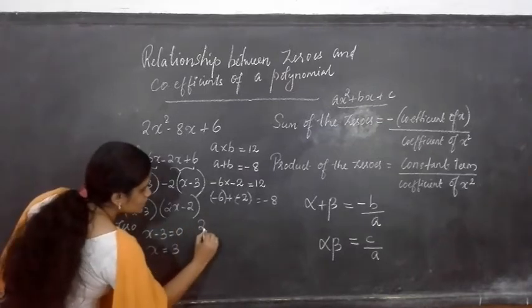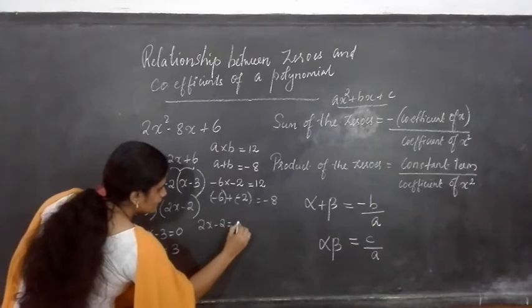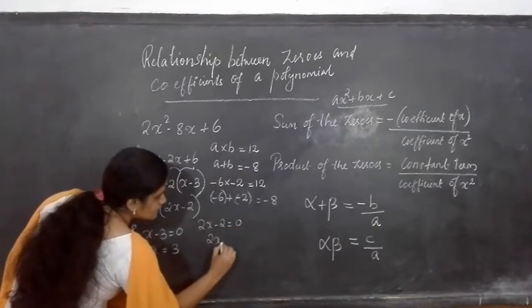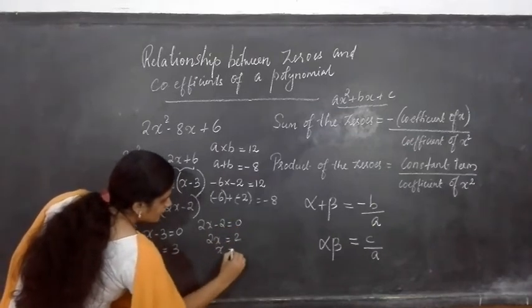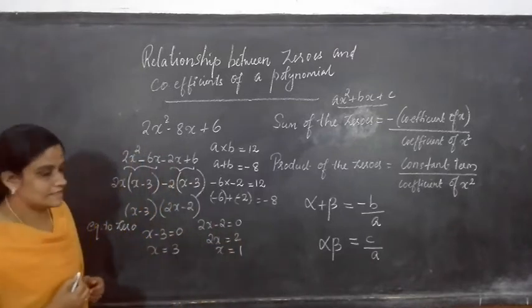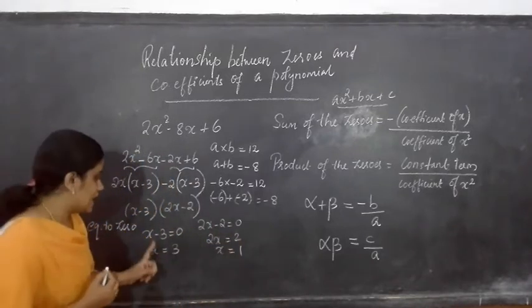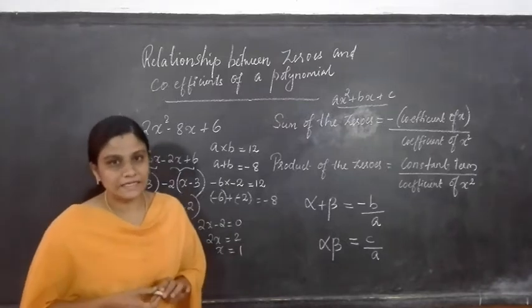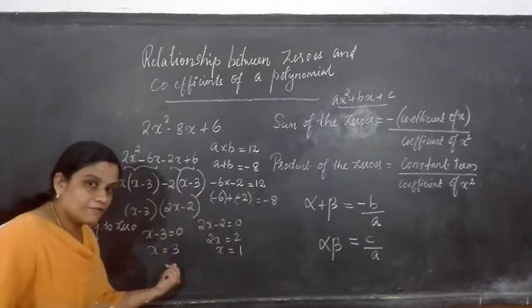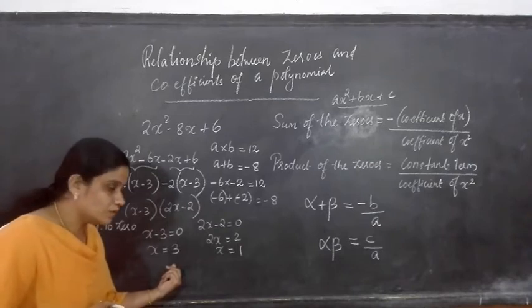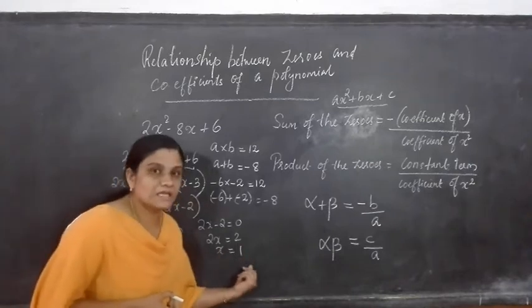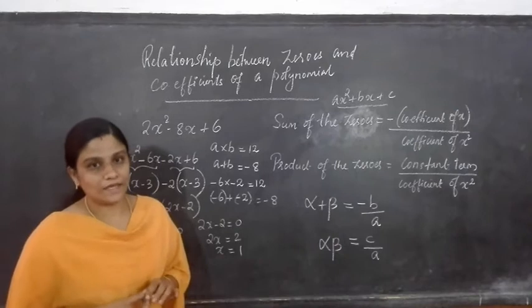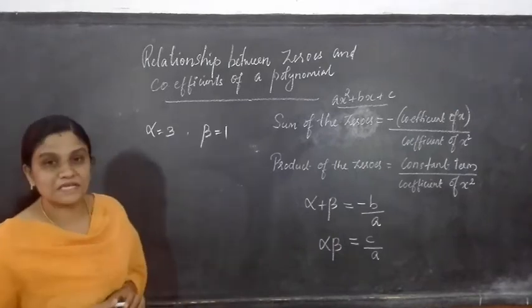Next one, 2x minus 2 is equal to 0, that is 2x is equal to 2. Therefore, x is equal to 1. So we got the zeros: x is equal to 3 and x is equal to 1. So here, let alpha be equal to 3 and beta equal to 1.